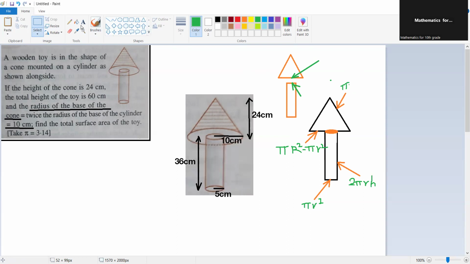So I'll just write the cone radius as capital R, just for the sake of clarity.